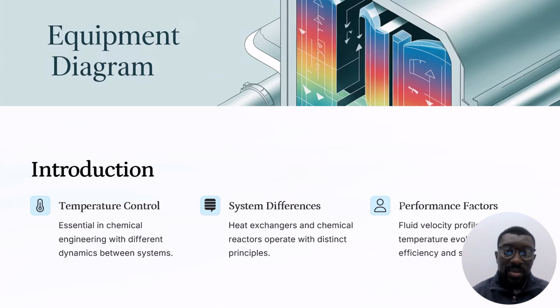The equipment. We will be talking about how the temperature is controlled, how the systems differ, and then the performance factors. So why is it important? Because temperature control is essential in chemical engineering, with different dynamics between systems, and the system difference is crucial because heat exchangers and chemical reactors operate on different principles.